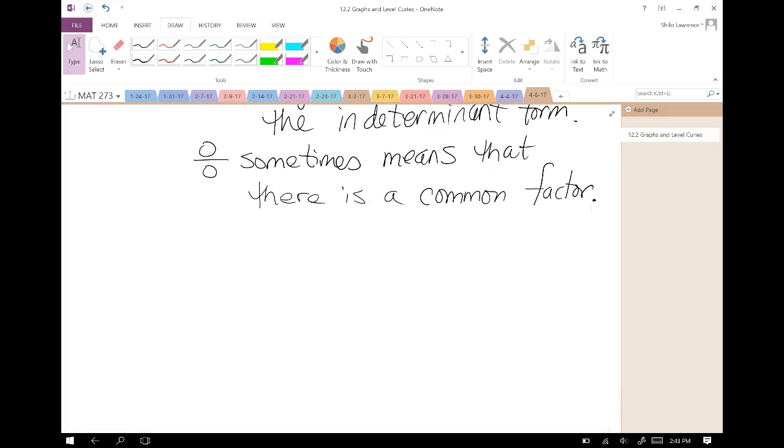In Calculus 1, to show that a limit exists, we had to show that the left-hand limit and the right-hand limit were doing the exact same thing. Okay?